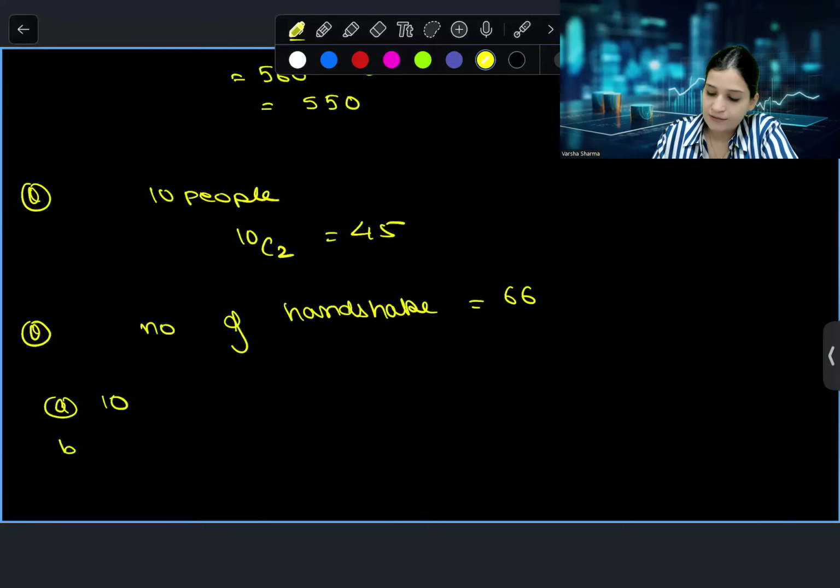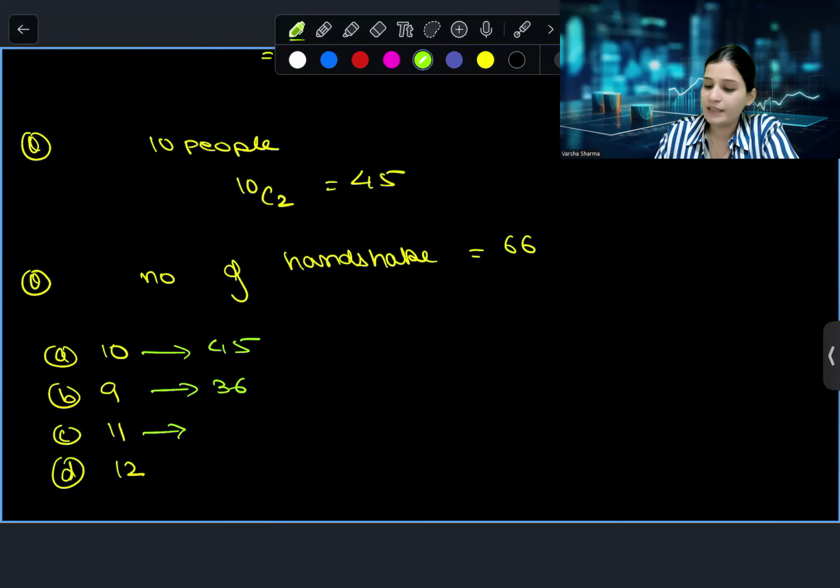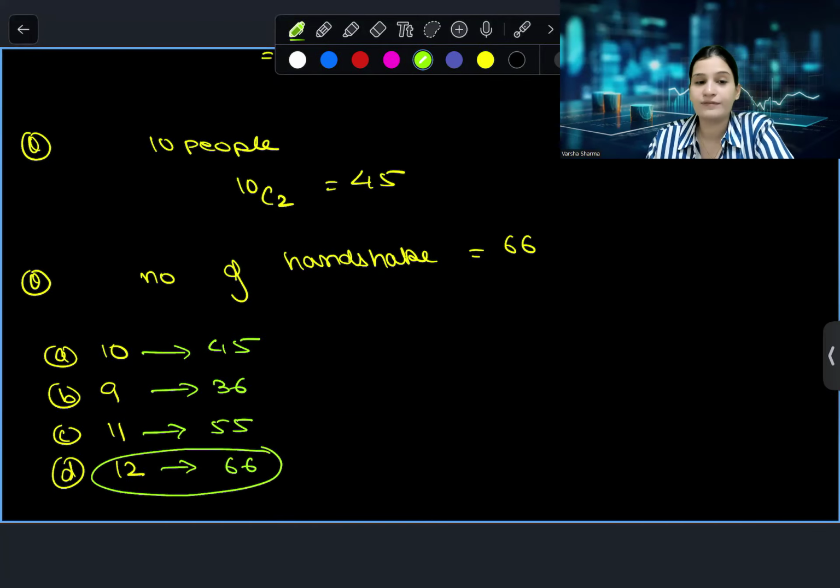Options: 10, 9, 11, 12. Do trial and error. If there are 10 people, then there are 45 handshakes. If 9 people, 36 handshakes. If 11 people, 55 handshakes. 12 people, there are 66 handshakes. So answer is 12.